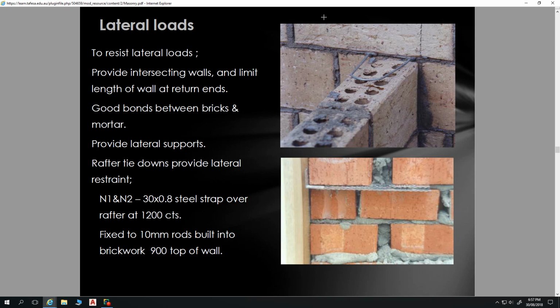So brickwork still needs some form of lateral restraint against wind and so on. It doesn't have much resistance to falling over. Also, when you build a cavity brick wall, you don't have a timber frame to tie your roof down to either. The way that is done is you've got your cavity between two leaves of brickwork like this.